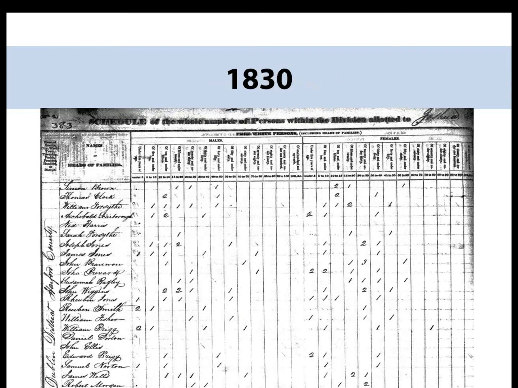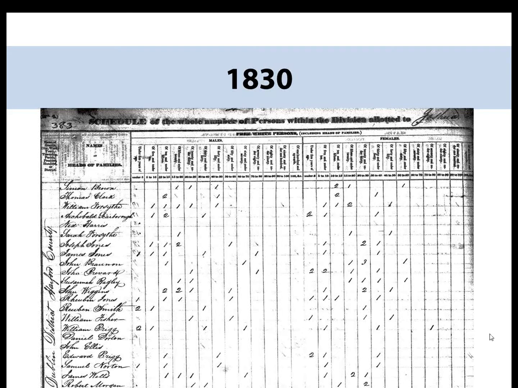Now, 1830 will include some more specific information about males and females, as well as their age ranges. So for free white males and females, there's categories for under 5, 5 to 9, 10 to 14, 15 to 19, 20 to 29, 30 to 39, 40 to 49, and that keeps going by 10-year increments all the way up to 100 plus.